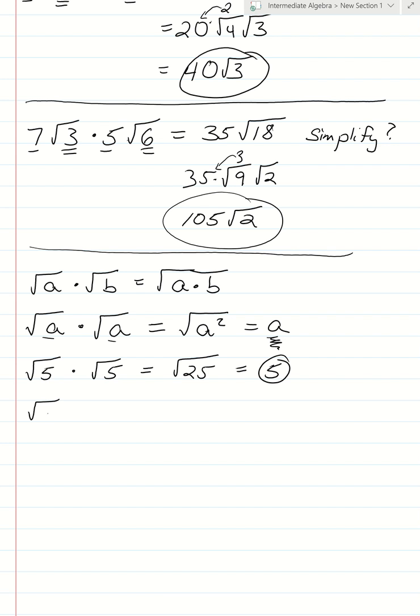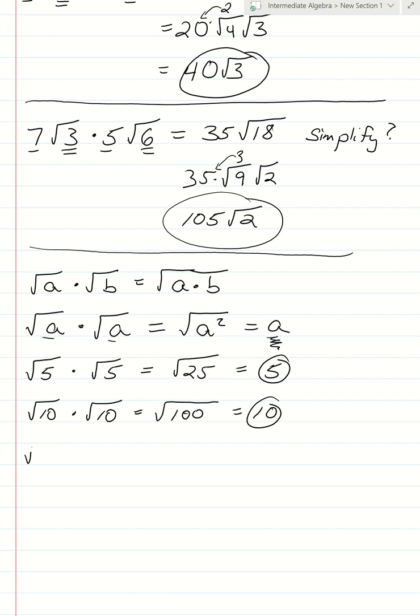If we had the square root of, let's say, 10 times the square root of 10, that's going to give you the square root of 10 times 10, which we know to be 100, which once again is a perfect square, and the square root of 100 goes back to, of course, the number 10. And 10 was, in fact, once again, the radicand. So we can actually cut out this middle step here, okay?